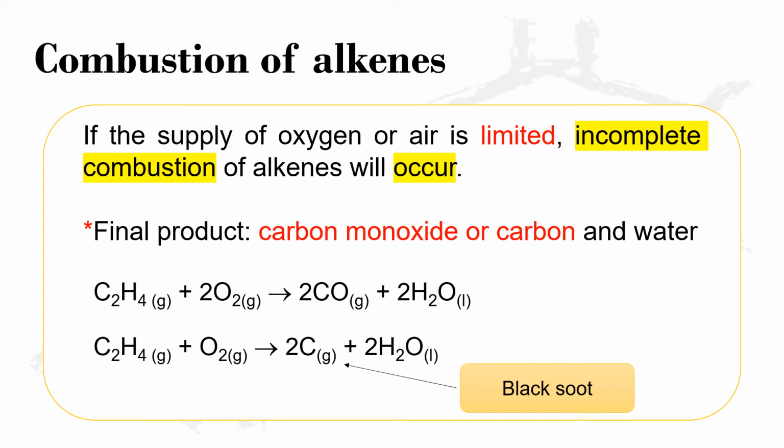Note that the final product is either carbon monoxide or carbon and water. So these two equations are the incomplete combustion of ethene. The first equation is where the final product is carbon monoxide, and the second equation is carbon. This carbon will appear as black soot.